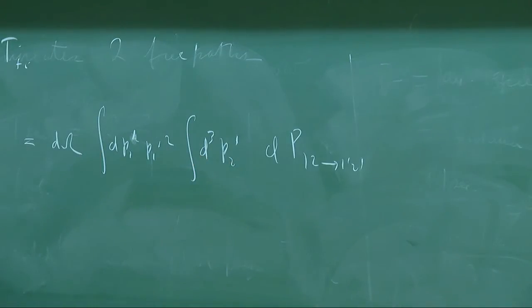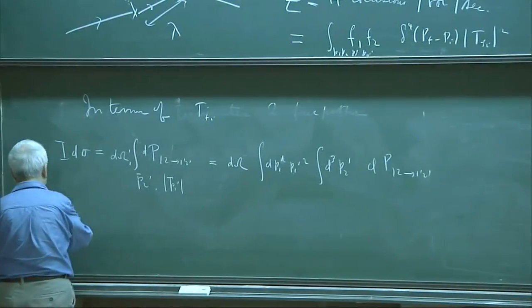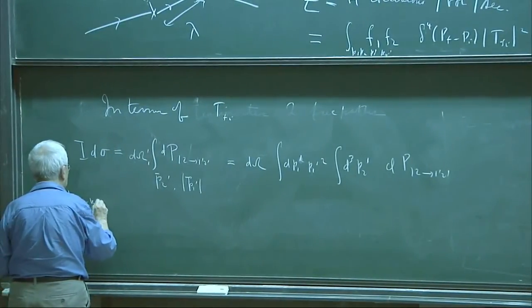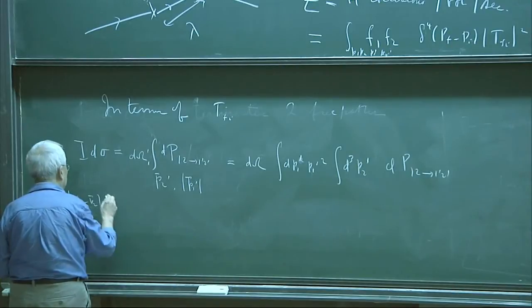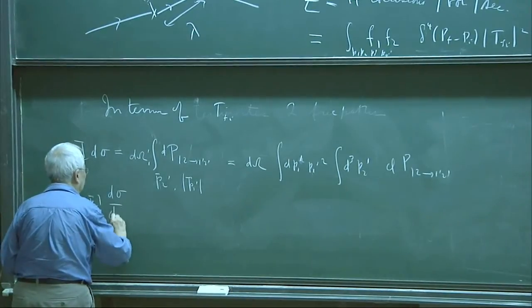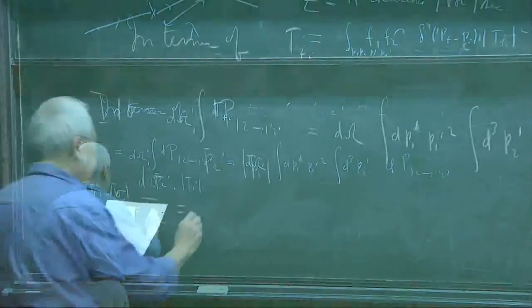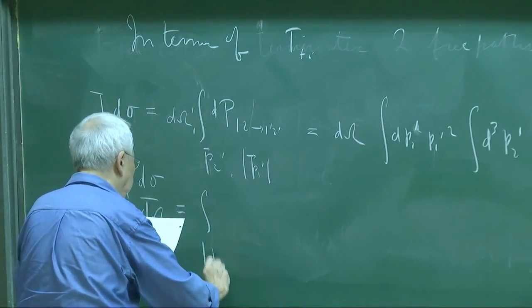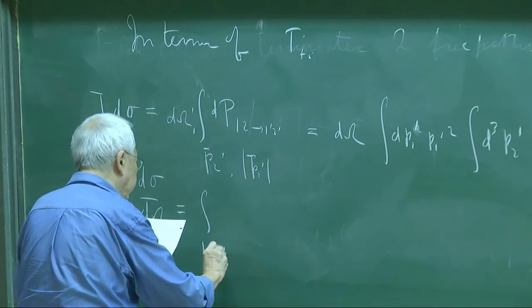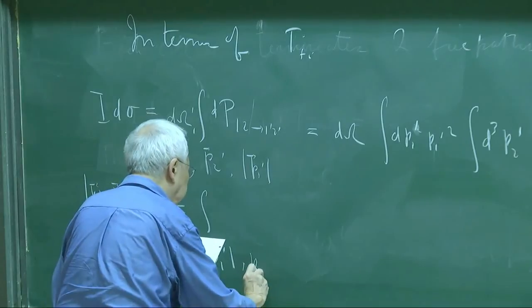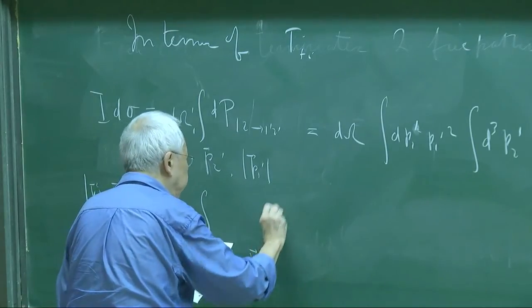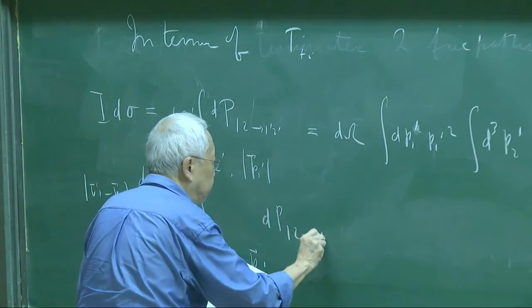And the differential cross-section, times |v1 minus v2|, that's I, times dσ/dΩ, is just equal to the integral over the p1 prime magnitude, p2 prime, the whole vector, times dP 1 2 to 1 prime 2 prime.